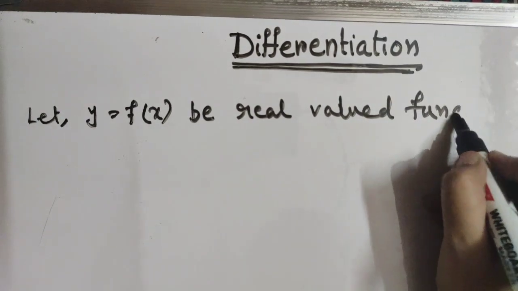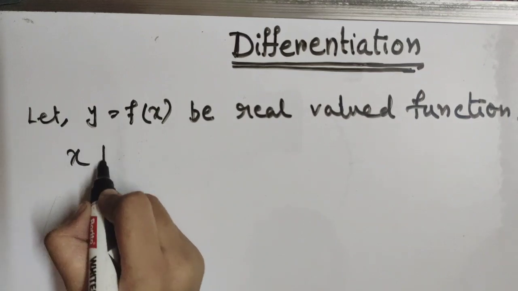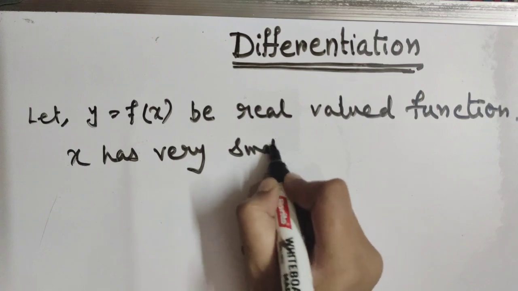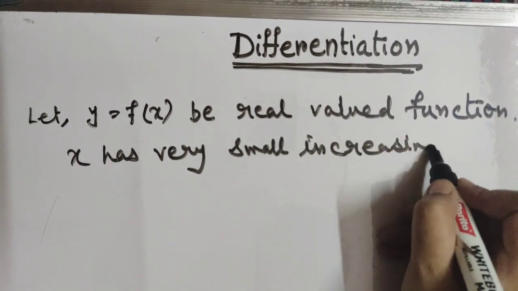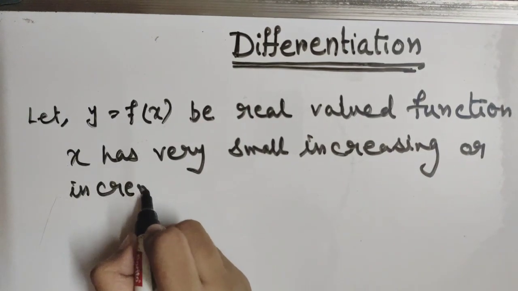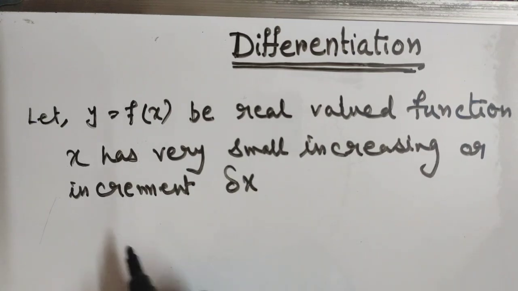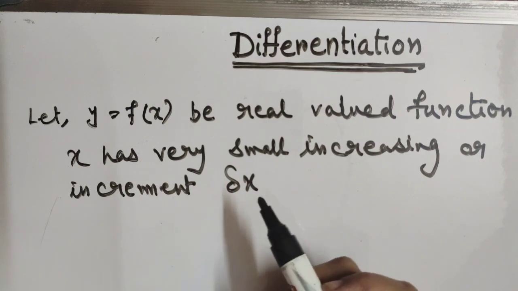Now if we assume that x has a very small increase or increment, that is delta x, del x, so how can we represent it?